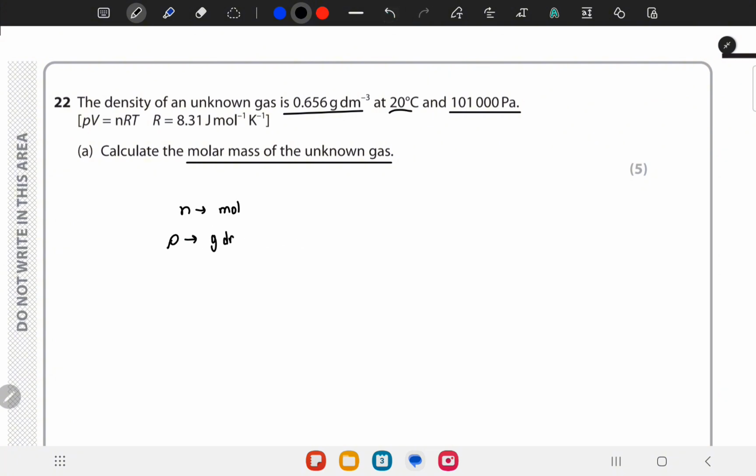Density is in gram per dm cube and the molar mass would be in gram per mole. So we have to eliminate this dm cube. We could take the number of moles in 1 dm cube of the unknown gas, so we can change this into mole per dm cube as well. If we divide the density by the number of moles, we'll get gram per dm cube by mole per dm cube. This will cancel out, and we'll get the answer in gram per mole.